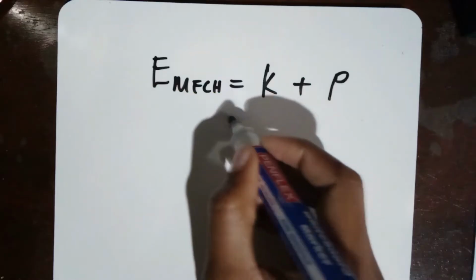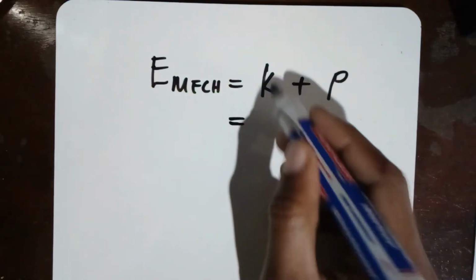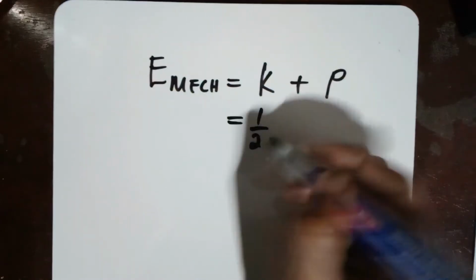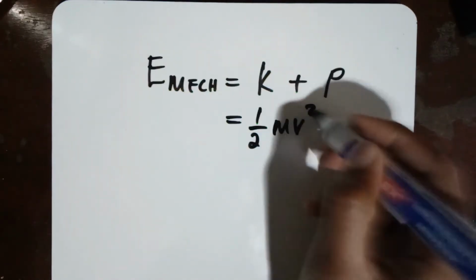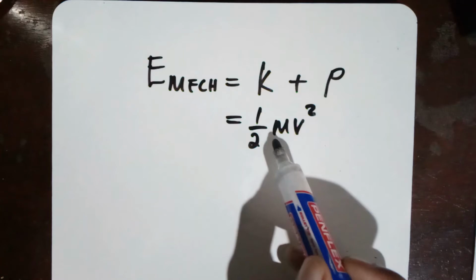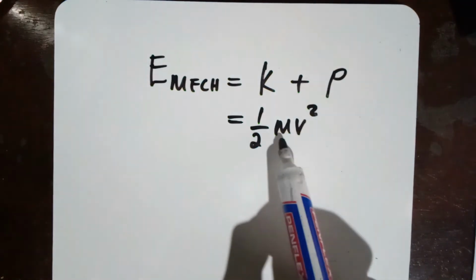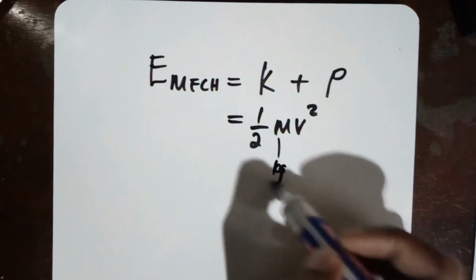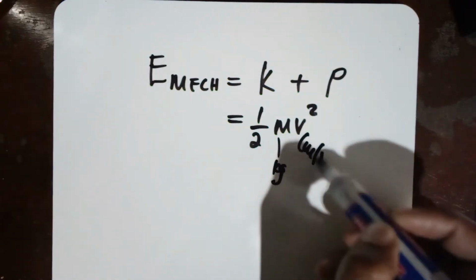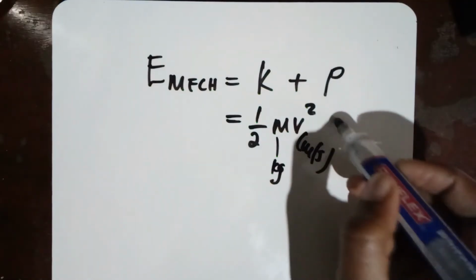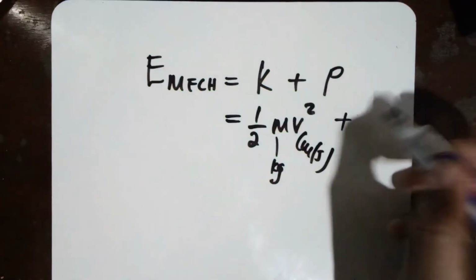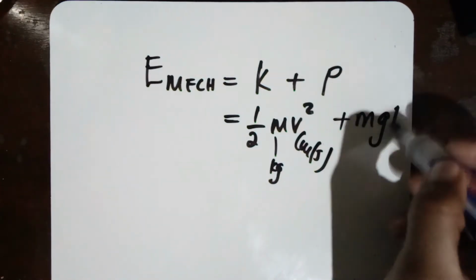And like we've mentioned, we've already defined that kinetic energy is given by a half mv squared, where m is the mass of the object in question, and v is the velocity. So remember, the mass is in kilograms, that's the SI unit, and the velocity will be in meters per second. And now potential energy is given by mgh.